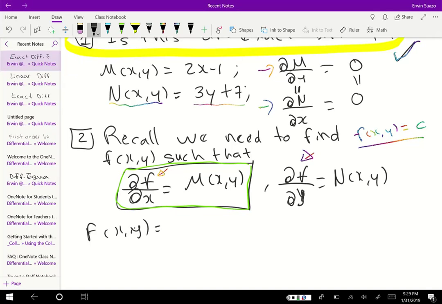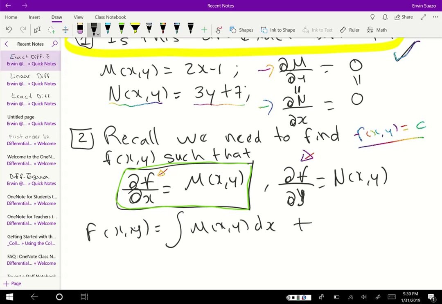With that in mind, we just choose one of these two equations. Let's choose df/dx equals M, and in order to find f of x,y, we just integrate with respect to x. If we integrate with respect to x, we will obtain the integral of M of x,y dx, and on the left will be f of x,y, because the integral with respect to x of df/dx is f of x,y, plus on this side a constant.